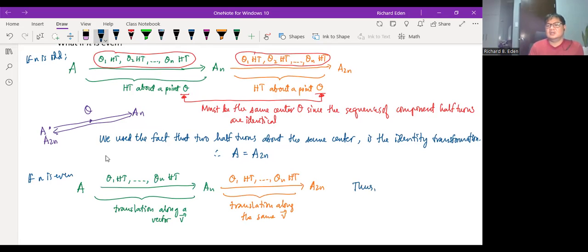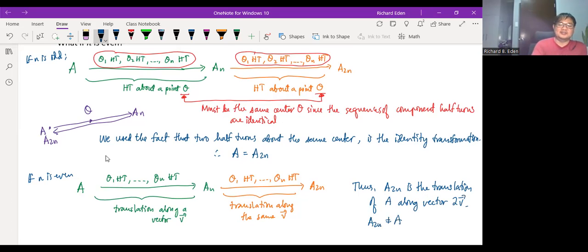Thus, A sub 2n is the translation of A along the vector 2v. Therefore, A sub 2n and A are different.